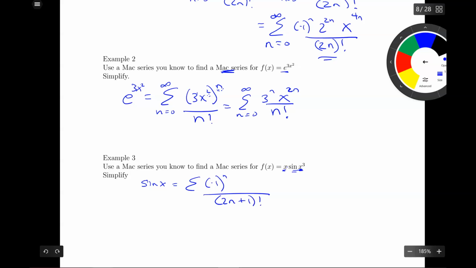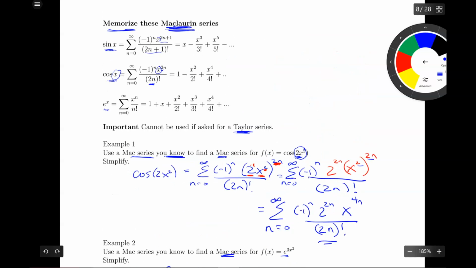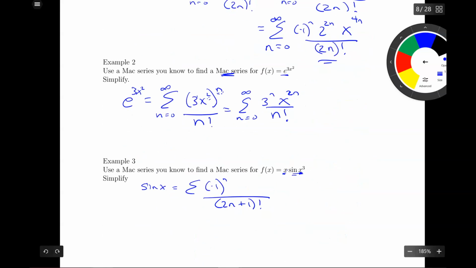I'm going to be substituting x cubed in for this. This is going to be a little more challenging with the exponent. I'm going to have x cubed all to the 2n plus 1 power. I wrote this out wrong, so let me fix that.